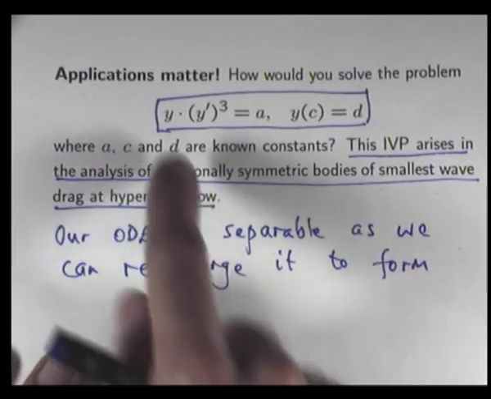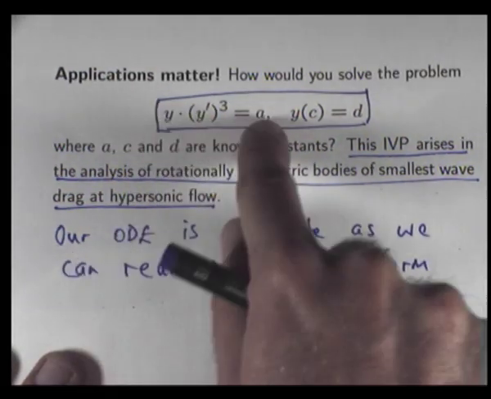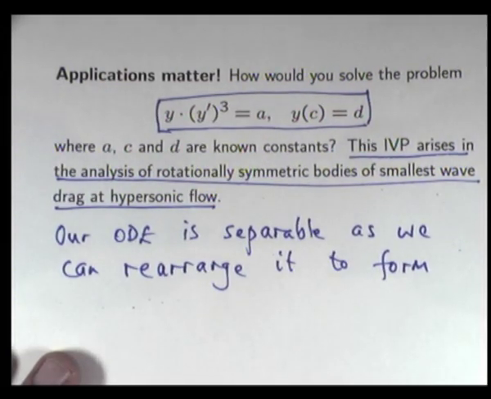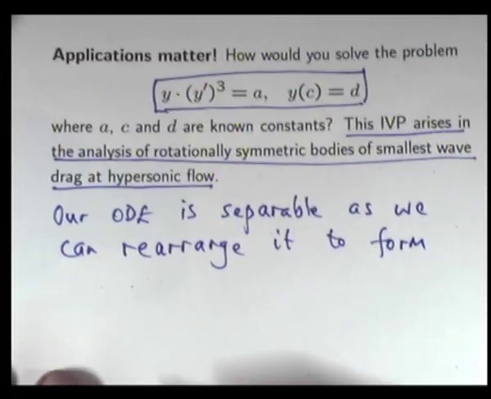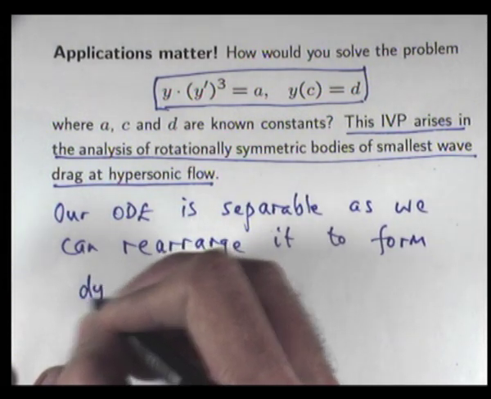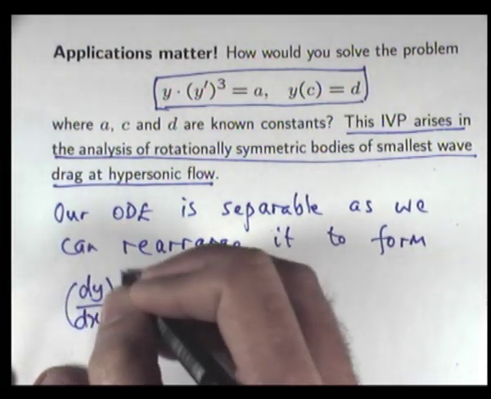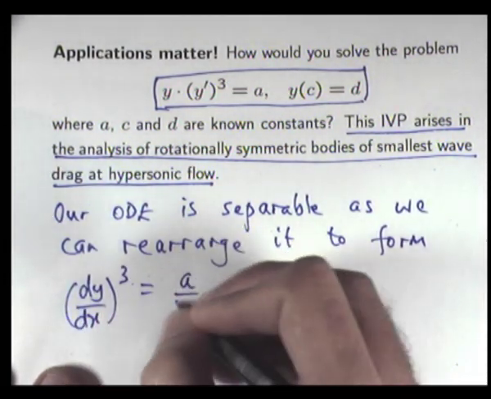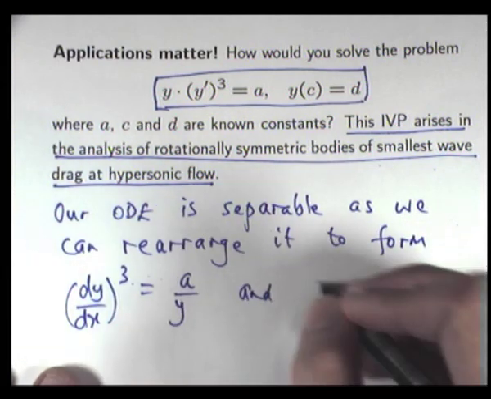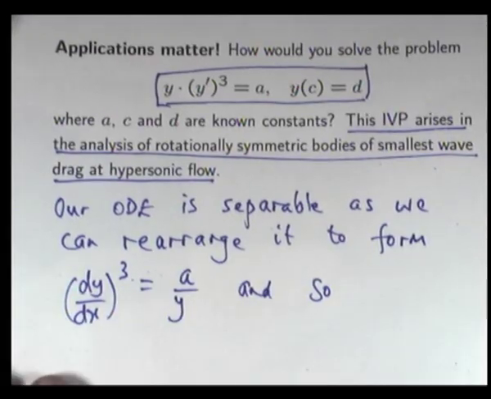Okay, so how do we rearrange it? Well, the first thing I would do is take this y down here and then take the cubic root of both sides. All right, so we take the cubic root of both sides.